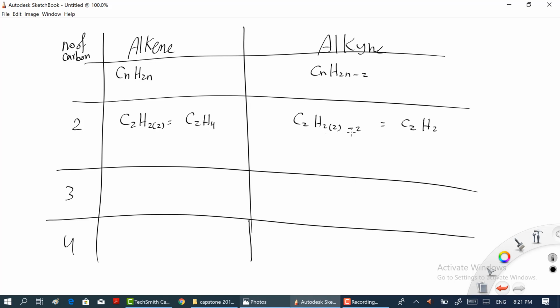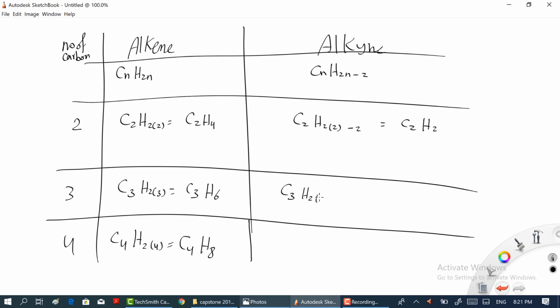So in this case, 4 subtract 2 equals 2. With n equal 3, CnH2n will be C3H6, and C4H8.